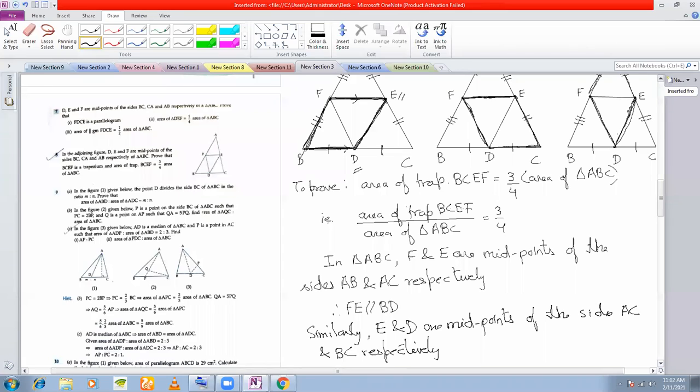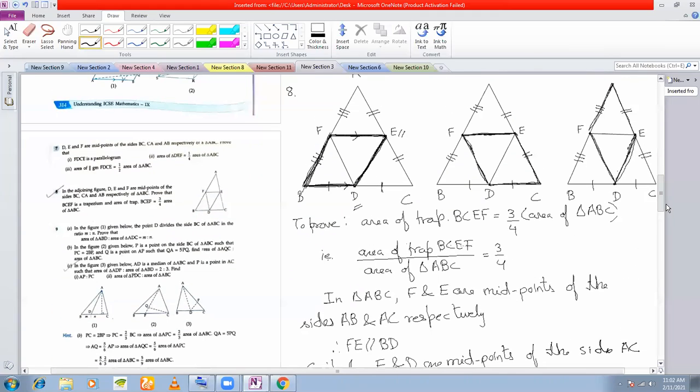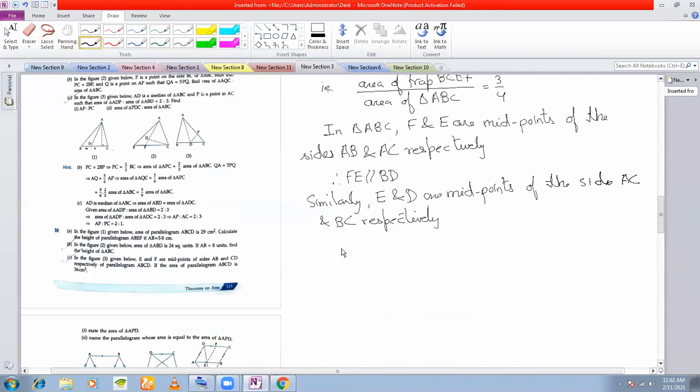Therefore, what can we say? We can say the side ED is parallel to the side FB, or you can also say AB. So ED is parallel to FB, and you give your reason: this is by the midpoint theorem.